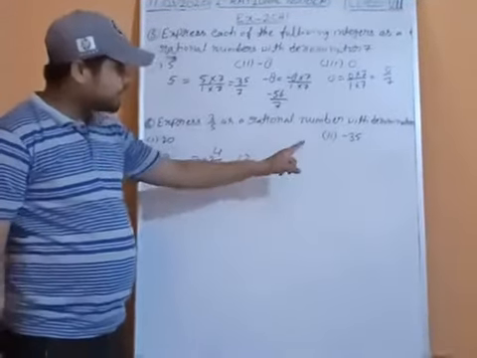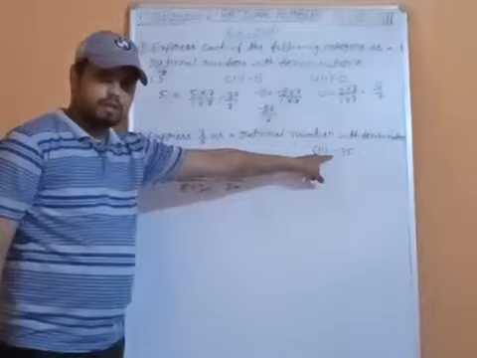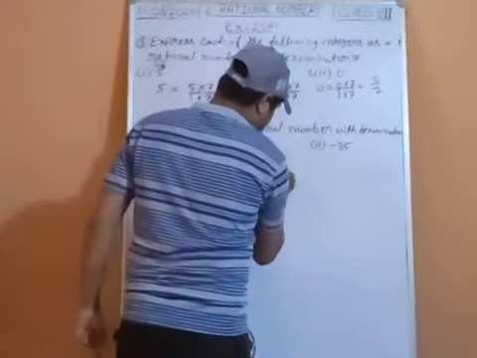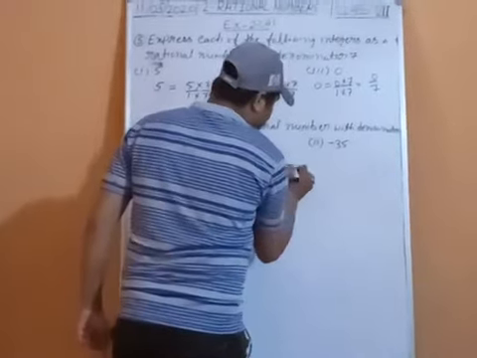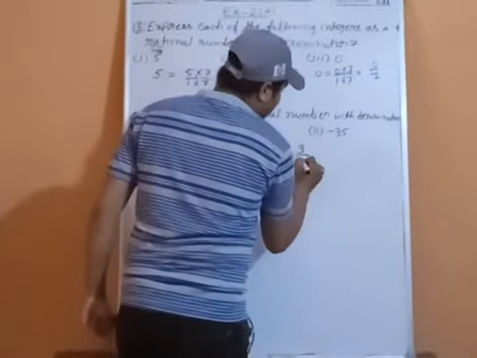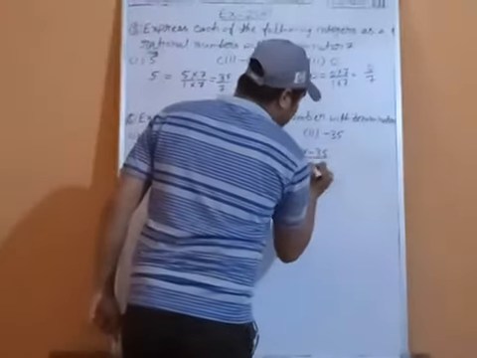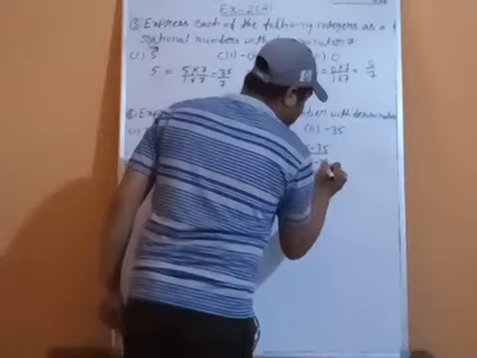In the second part, we have to take denominator minus 35. So 3 upon 5 is equal to 3 upon 5 multiplied by minus 35 upon minus 35.